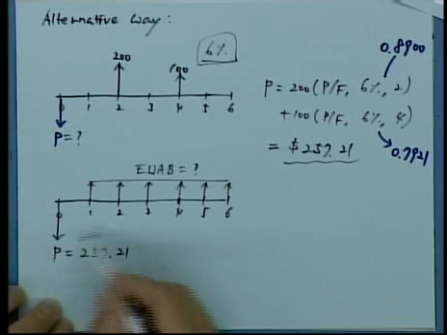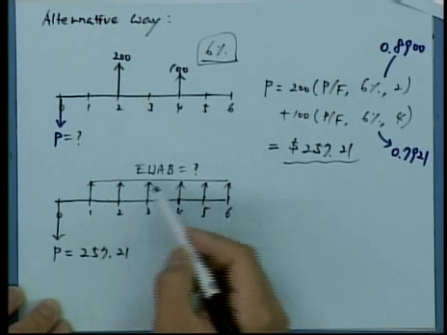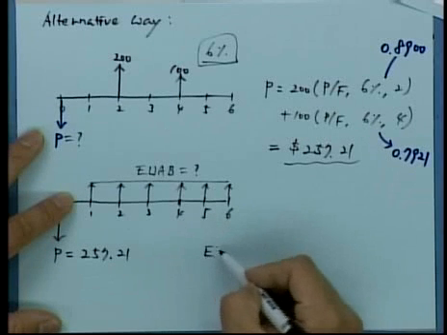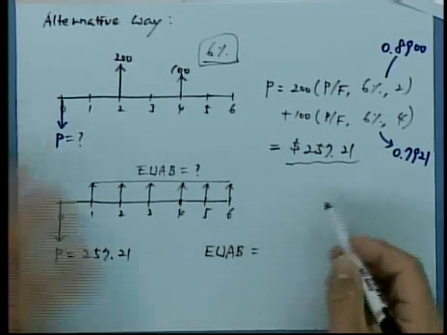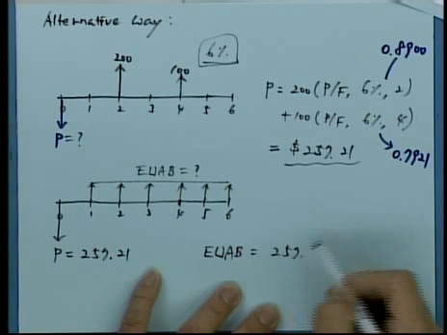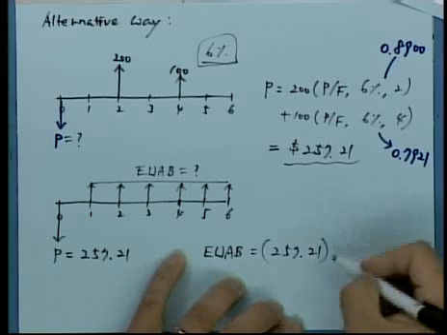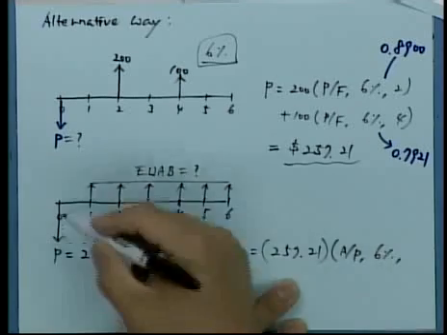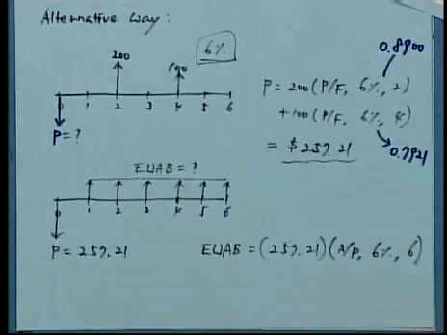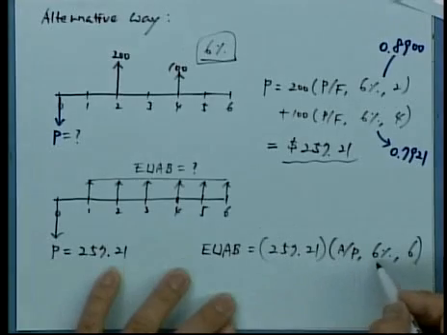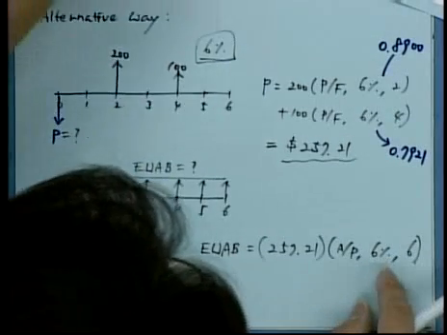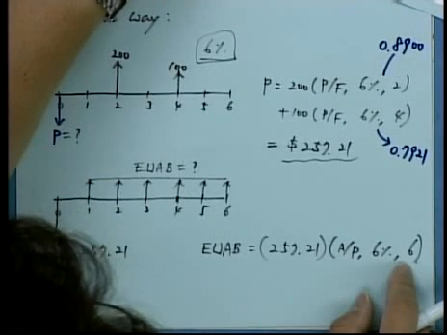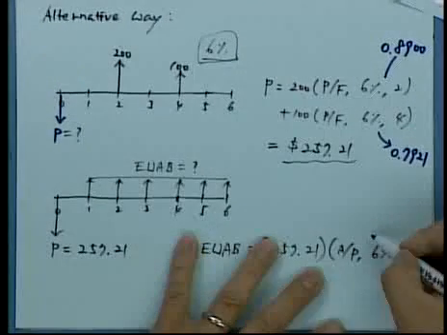So this present sum of money can be converted to the equivalent uniform annual benefit over 6 periods. Here EUAB is equal to $257.21 times A given P, 6% over 6 periods. What is this table value? A given P over 6 periods is 0.2034.